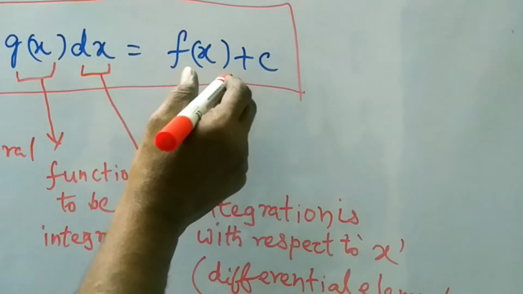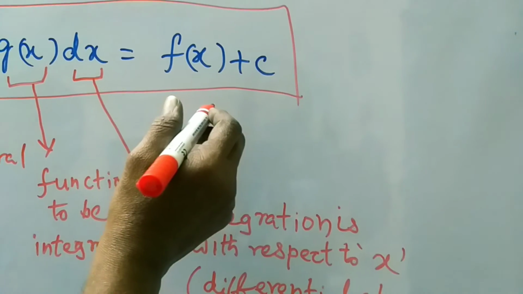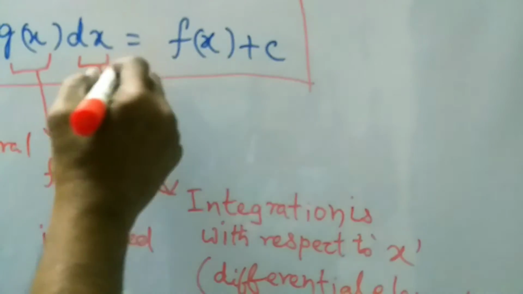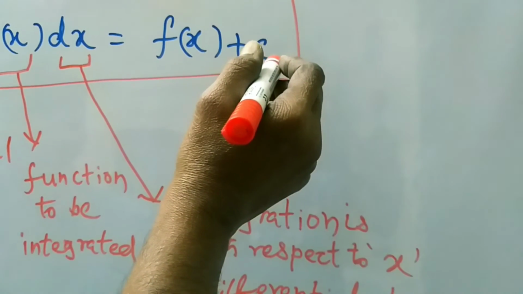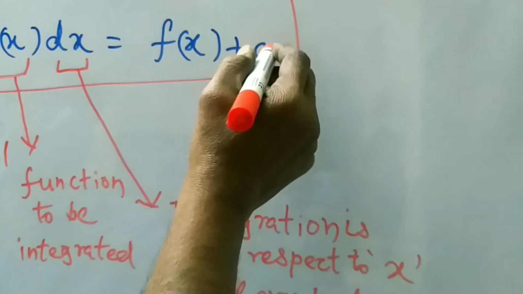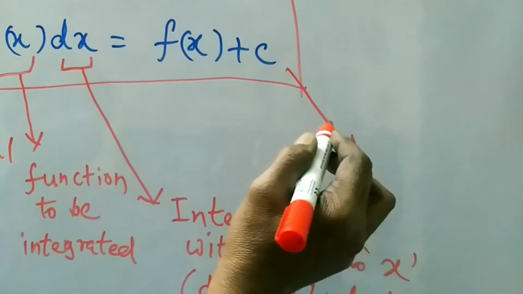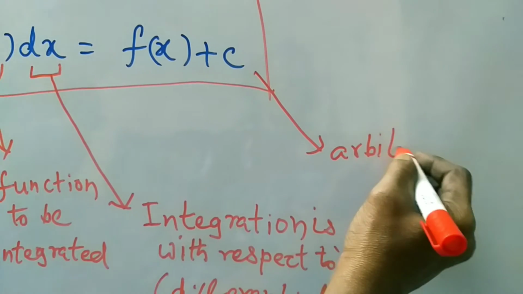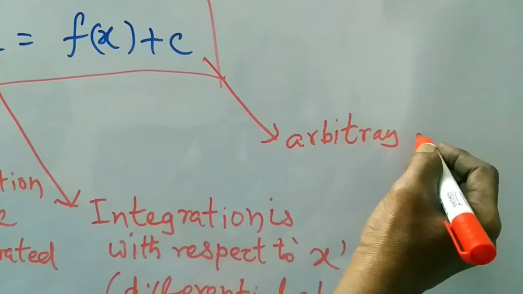So here it becomes f of x plus c. This c is the arbitrary constant.